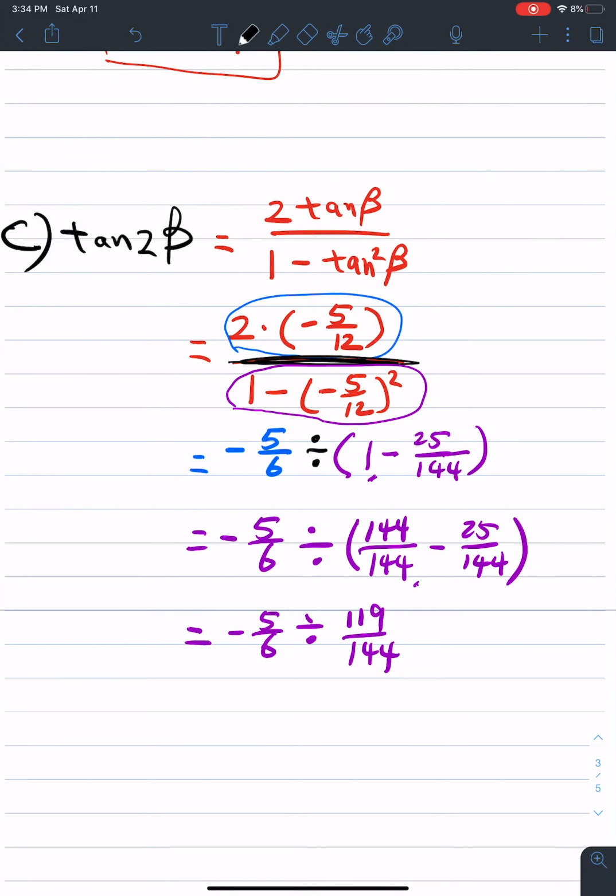Do you see how we got so far? And then negative 5 over 6, I change the divide to multiply and then do the reciprocal. Do you see how we got so far? And then combine the last step. So I get negative.